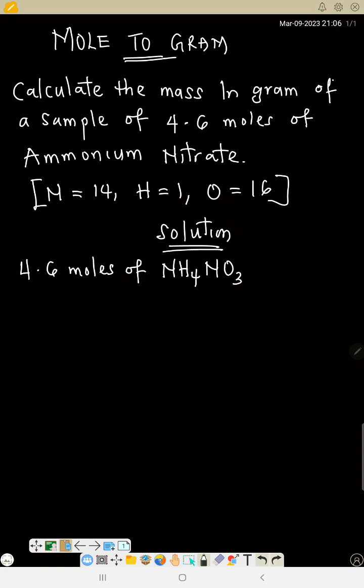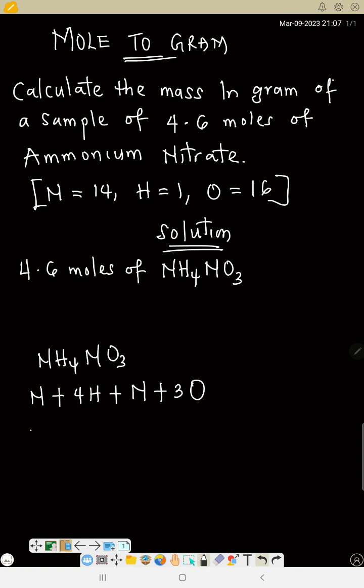If gram is involved, you need your relative molecular mass. So that means we have NH4NO3. So this is 1N plus 4H plus 1N plus 3O.